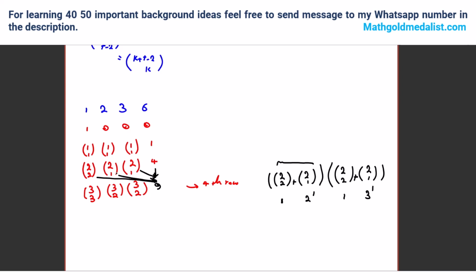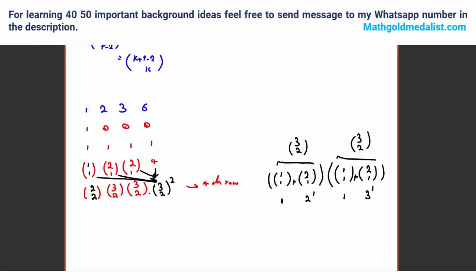But we should write, let's write this one as 1 choose 1, and let's write this one as 2 choose 2. So we can write it as 1 choose 1, 1 choose 1 to be able to apply the stochastic identity. So it will be 3 choose 2, 3 choose 2, right? So now we can say this one is 3 choose 2 squared, right?